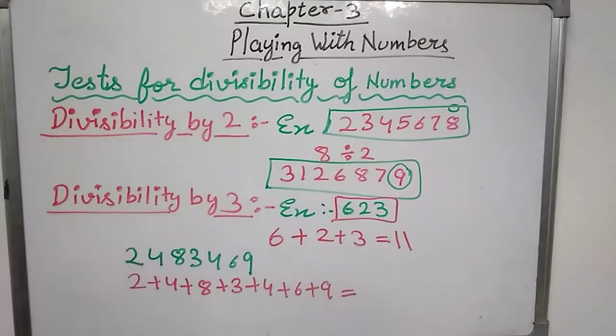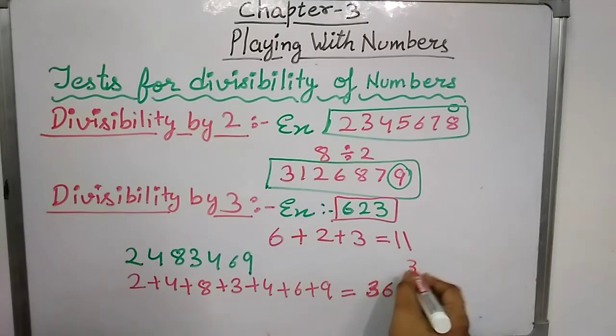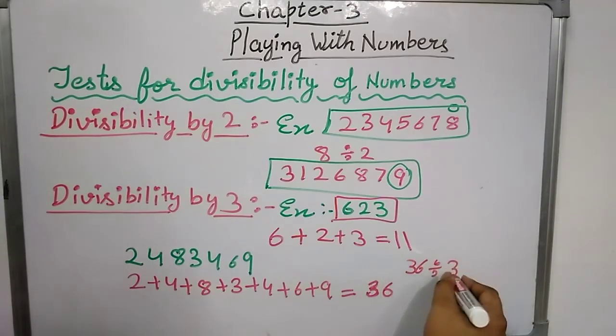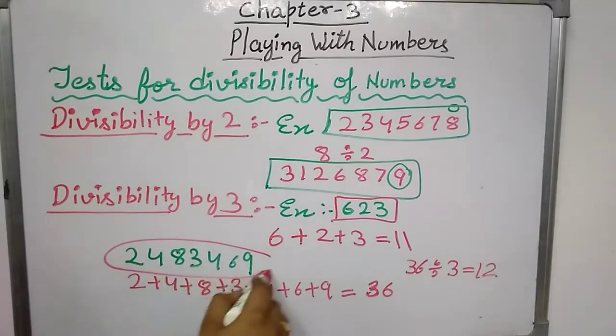Whatever sum comes, we will check whether it is divisible by 3 or not. The sum of all these digits is 36, and yes, 36 is a multiple of 3. On dividing, it gives the answer 12.